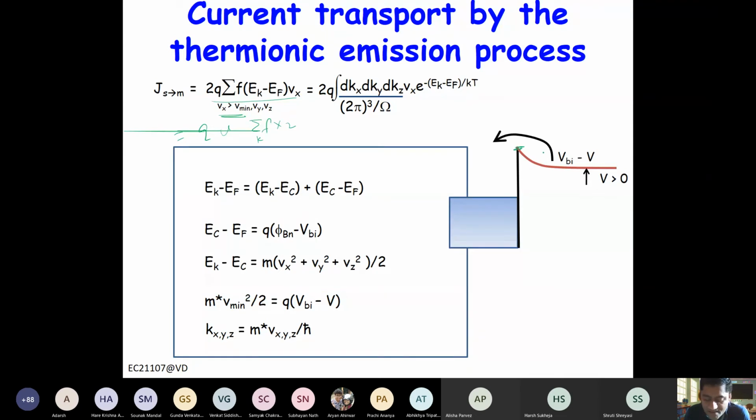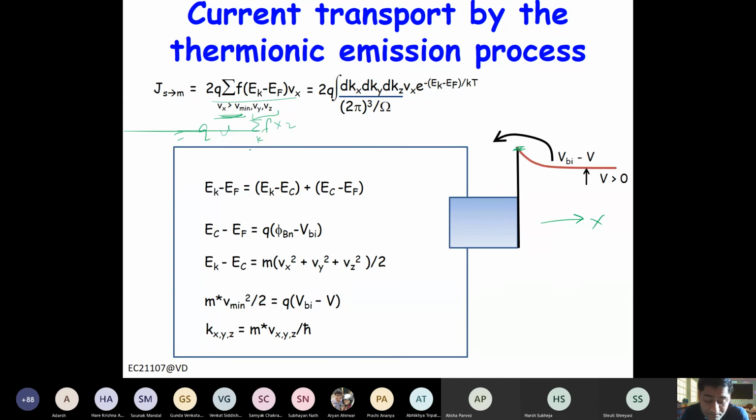So let's say this is the X direction. In the X direction there is a requirement that velocity should be a certain minimum velocity, and there is no requirement for Vy and Vz. So they can have any velocity component in Vy and Vz. These Vx, Vy, Vz are basically related to Kx, Ky, Kz. So you can write it like basically 2q times.